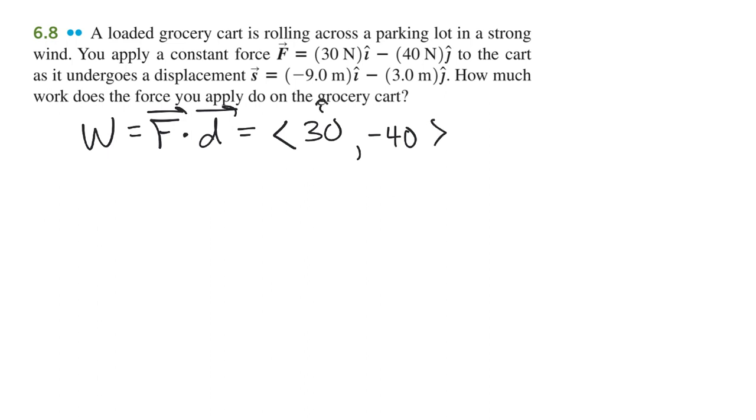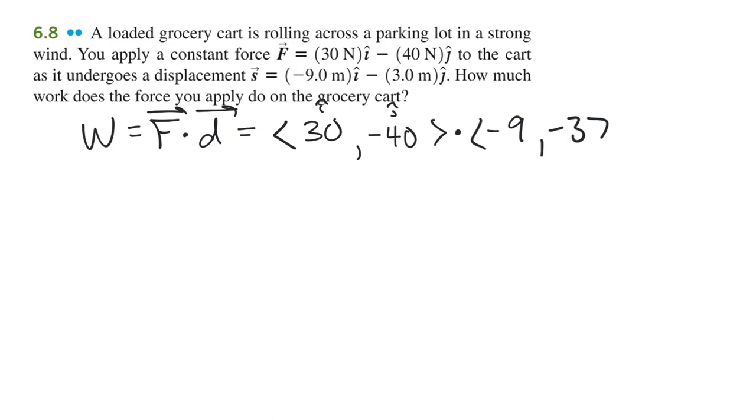This is the I and this is the J. You could include a K component of 0, which is basically pointless because when you do the dot product it'll end up 0 times 0. If you want to include it, you're welcome to do so, but I'm not going to. And then for the displacement, we've got negative 9 meters and negative 3 meters in the J direction.